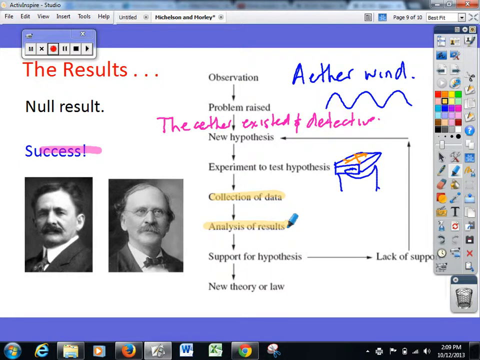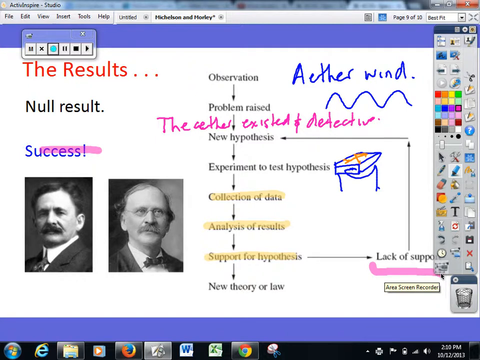And the conclusion that they had to come with, because of the way that it was set out, that was a very valid experiment, it was reliable, it was accurate, is that there was no support for the hypothesis. The ether wind is indetectable, which is either that the ether wind doesn't exist or it is undetectable. So using Occam's razor here, the simplest explanation is it is not existent.